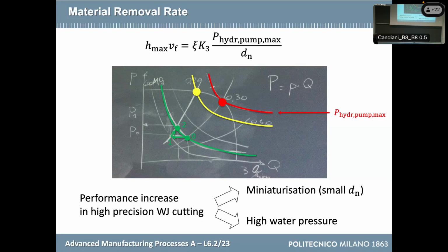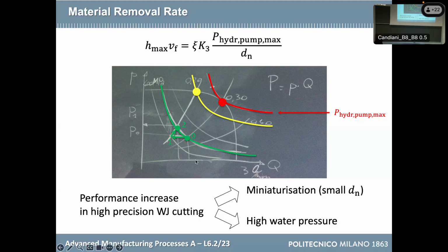So from all this discussion, especially the first case, we understand that it is valuable to increase the pressure, especially when I am in micro machining. Because in micro machining, I'm not using all the flow rate because our orifices are really small. So I'm using these orifices.